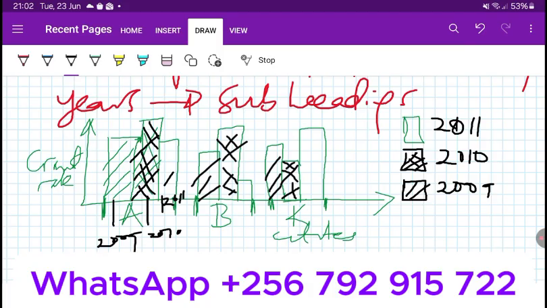So once you are done with that, we have highlighted that here we have the main heading. Of course, the main heading is what is in the question for these cities. But at the same time, you have the subheadings which are representing the years.